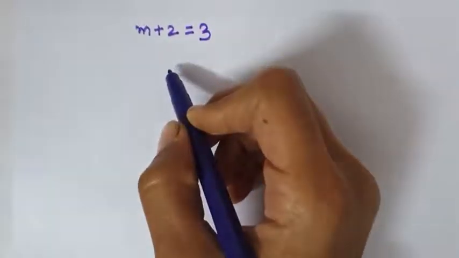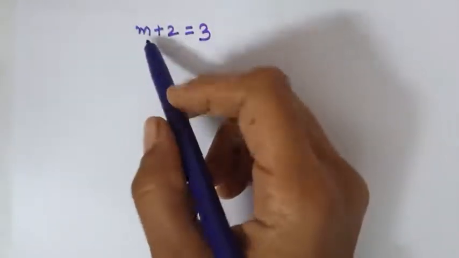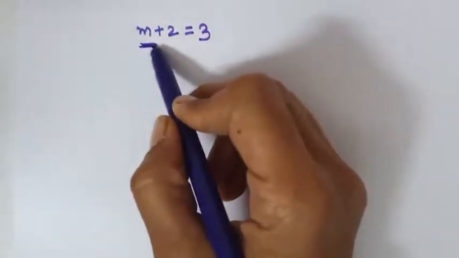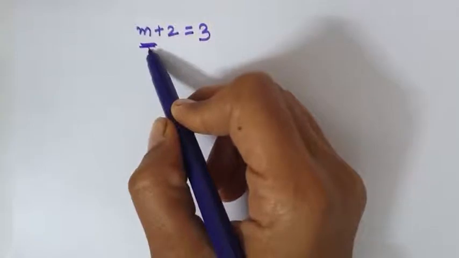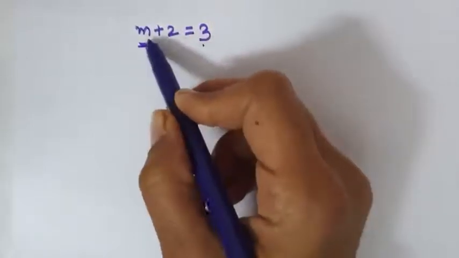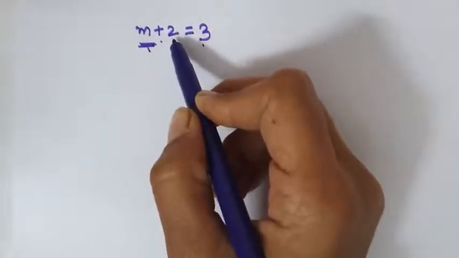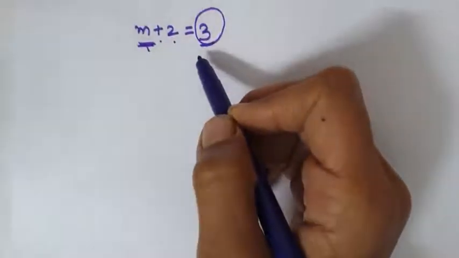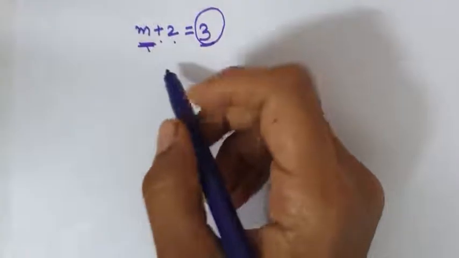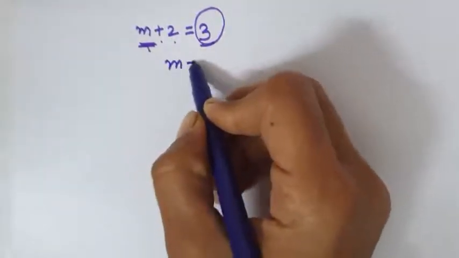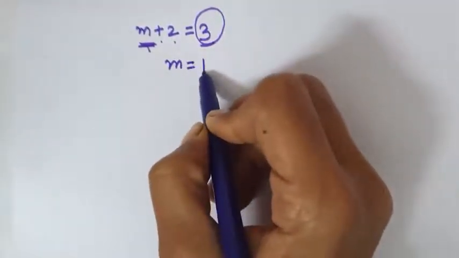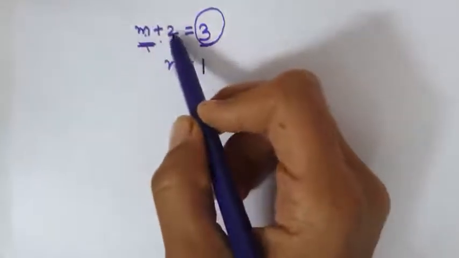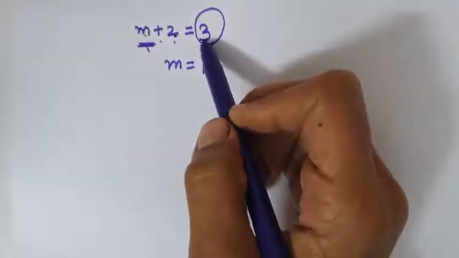Now students, think what value of m you will put here so that on adding with 2 you will get 3. Yes, it's very simple. m should be only 1 because 1 plus 2 gives you 3.